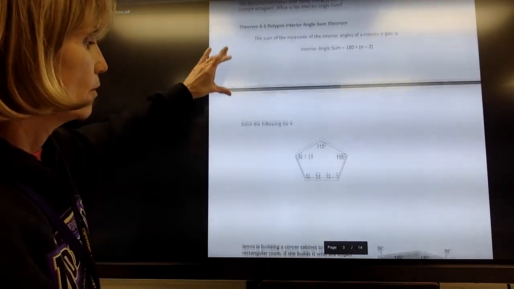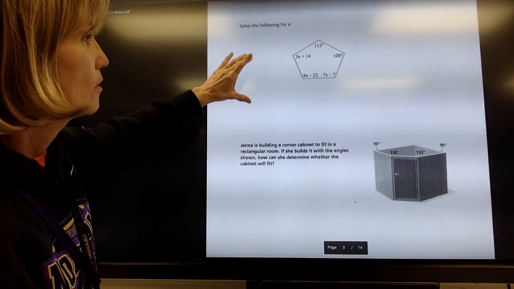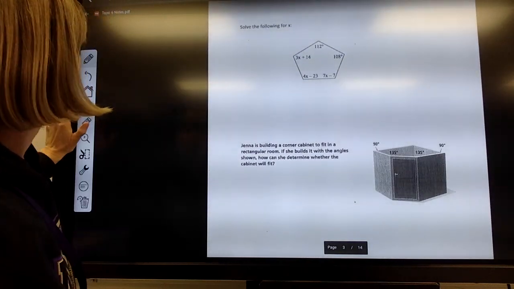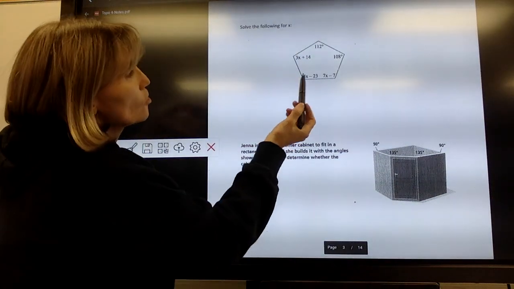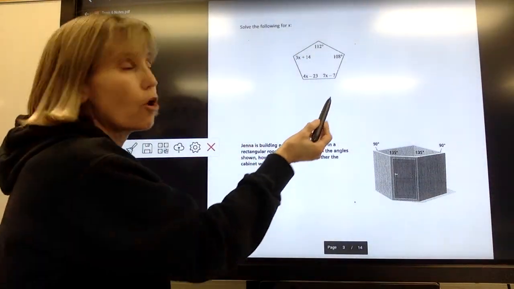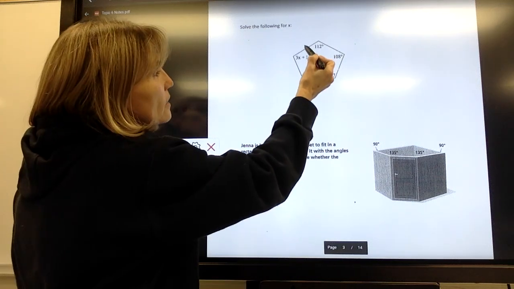Okay, so you're going to be taking a figure like this, and you're going to be solving it for x, or you're just going to be calculating how many degrees that figure has in it. The first thing we have to know is these are all interior angles, so I'm going to use that formula. How many sides do I have?